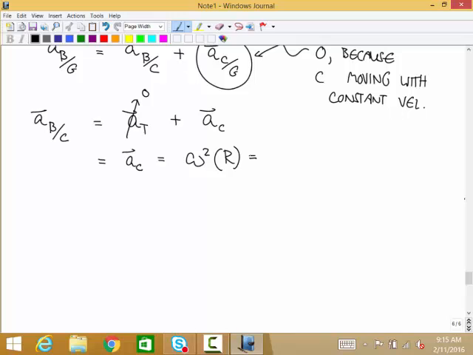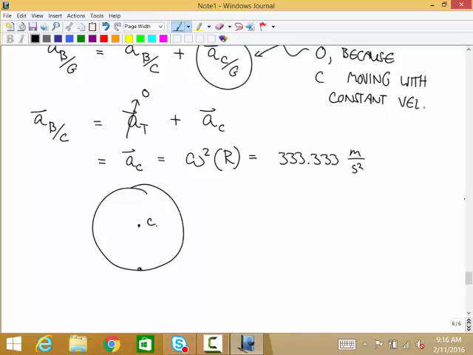Omega, what was omega? 33 point. Can someone calculate this? So we got 33.333 squared times 0.3. Okay, so 333.333, that's meters per second squared. And what's the direction? So we're talking about the bottom.